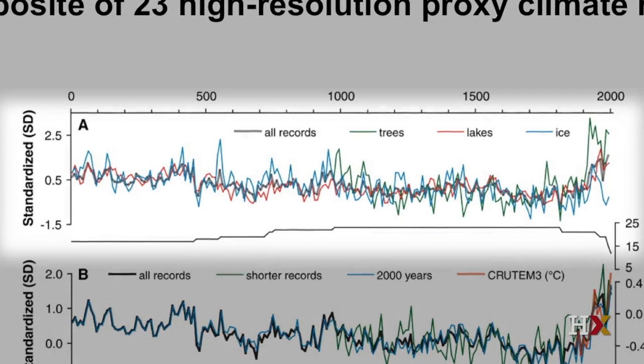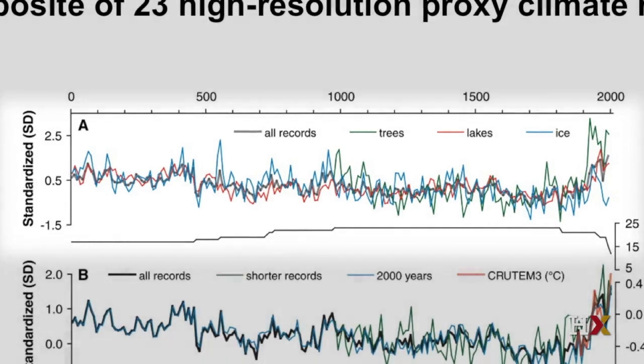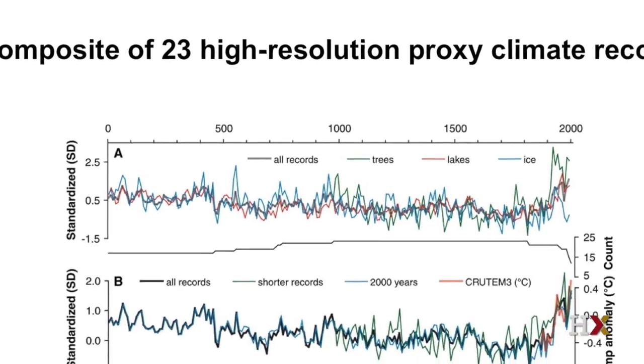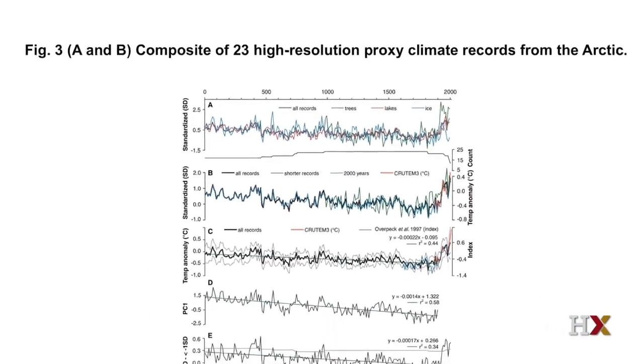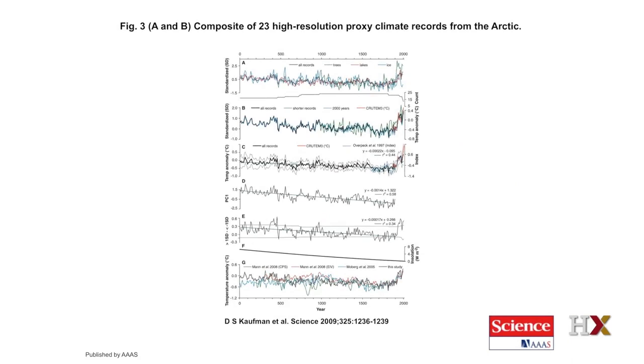What they showed was that the tree rings, the ice cores, and the lake sediments all showed a very similar pattern where temperatures slowly cooled in the Arctic over the last 2,000 years until the most recent warming trend over the last 100 years or so. I find it actually a little bit more compelling to see these records separated because the agreement between them is very compelling evidence that they're actually showing a coherent trend and that what they're reconstructing is robust.